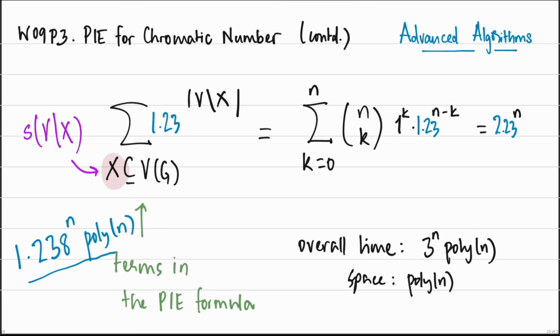So that's basically the final status that we have here. We can compute the chromatic number of a graph in time 2.23 to the n using polynomial space. And if you allow yourself exponential space, then you can speed this up further to 2 to the n. Right now, I don't think we know if we can actually manage both 2 to the n running time and polynomial space. So that's something that remains open.